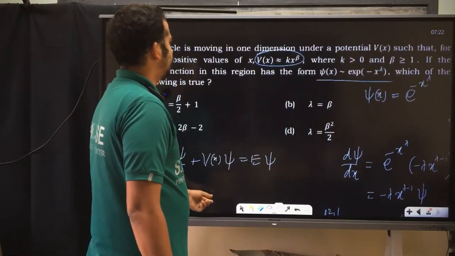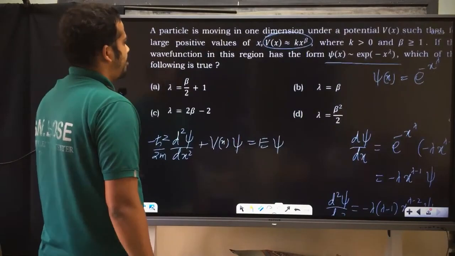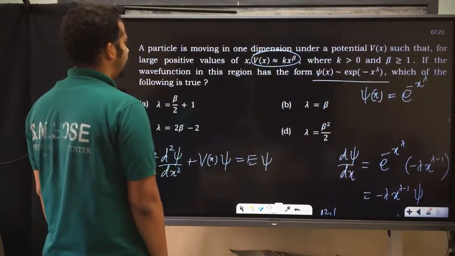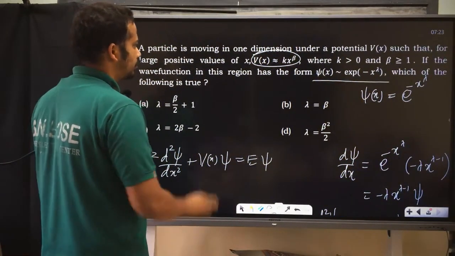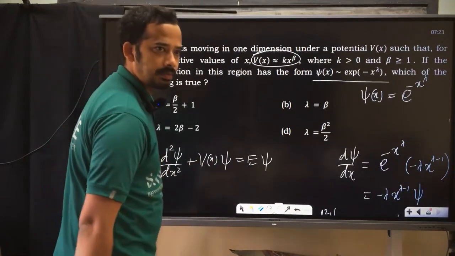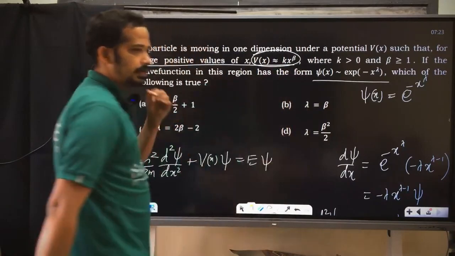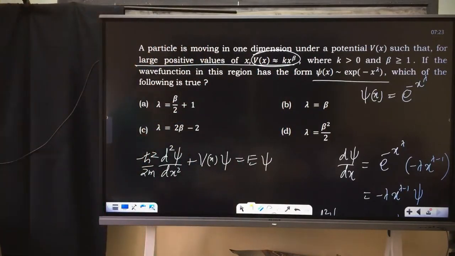For large x, v of x is nearly equal to kx power beta. He has given that for large positive x values, so we need to apply that in our step. Otherwise, what is the role of this information? You need to apply that.